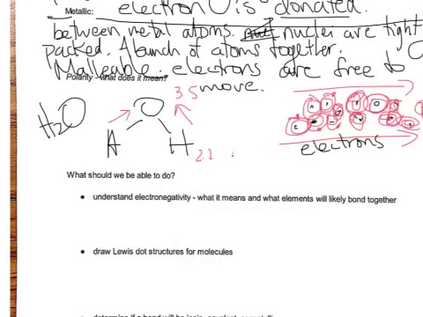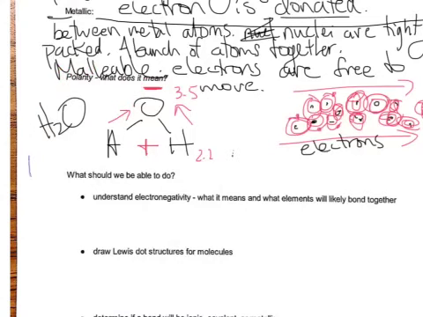Electrons are negatively charged. So we say that this end becomes kind of negative because the electrons bunch up to that end, and this end becomes positive. Electrons are pulled this way because oxygen has more pull on them as measured by electronegativity. One end of the molecule becomes negative and one end becomes positive, and that is what is meant by polarity.